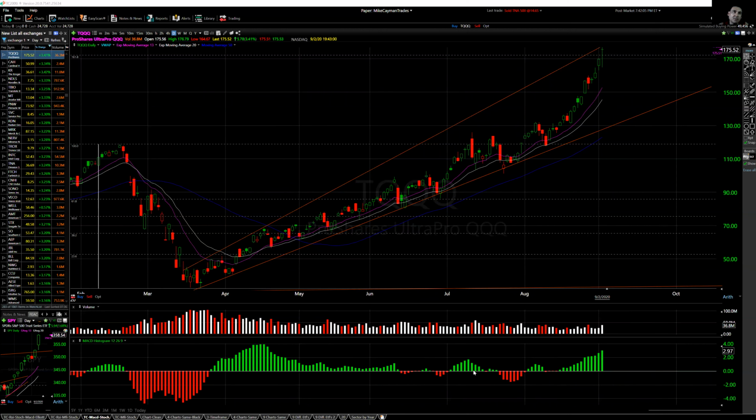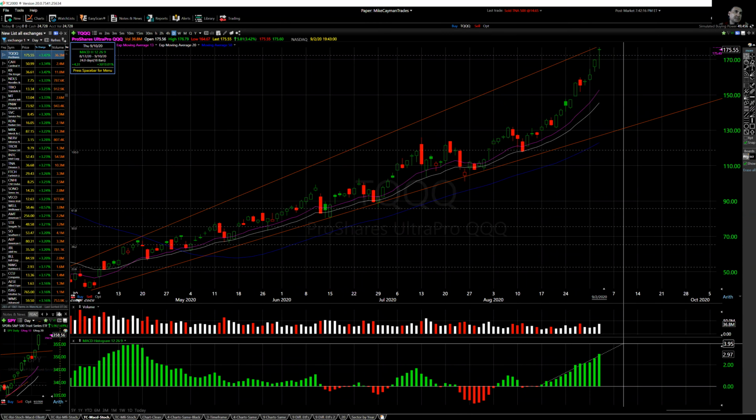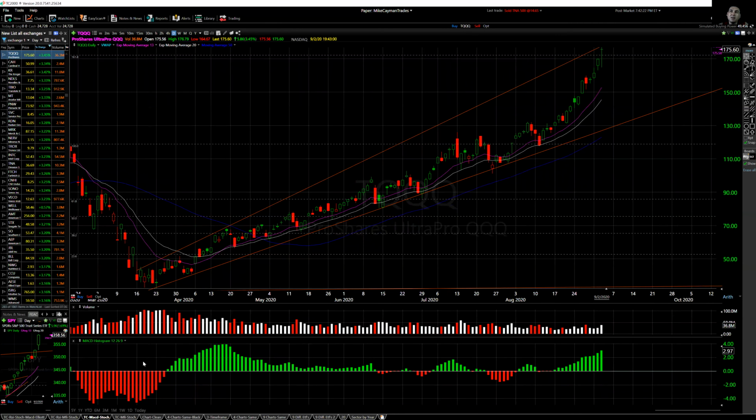Then we went sort of sideways, still going up. This was the major move down back in July. And look at this right here, you have a huge histogram bar up. So any move up, it did that before too. Then it eventually came back, but it was still moving up. NASDAQ was still moving up.